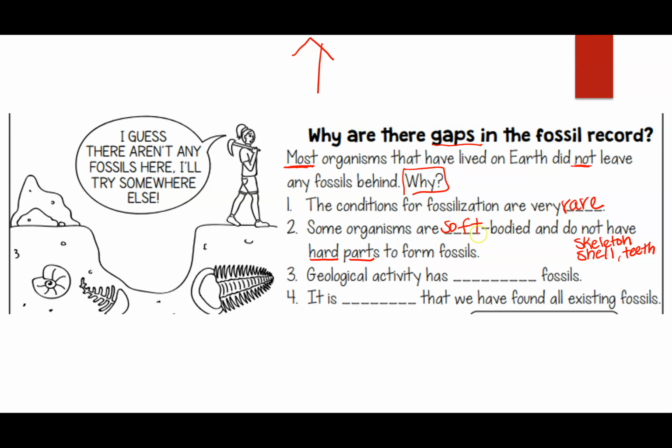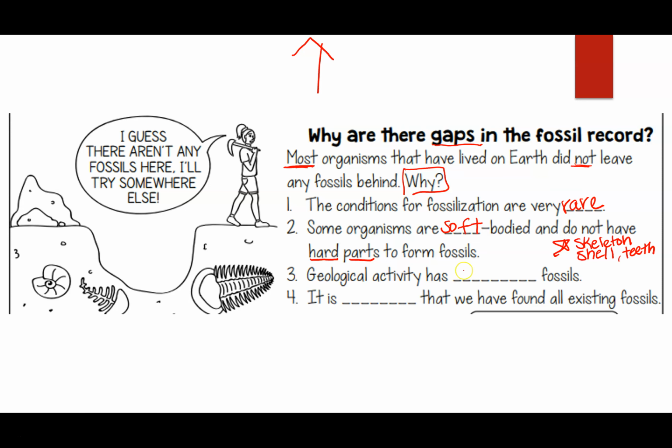Soft-bodied organisms that don't have any of these kinds of things right here are very, very rare to see a trace of. And so that's why we think there are so many more things that used to live on this earth that we don't even know about. They just were never preserved.